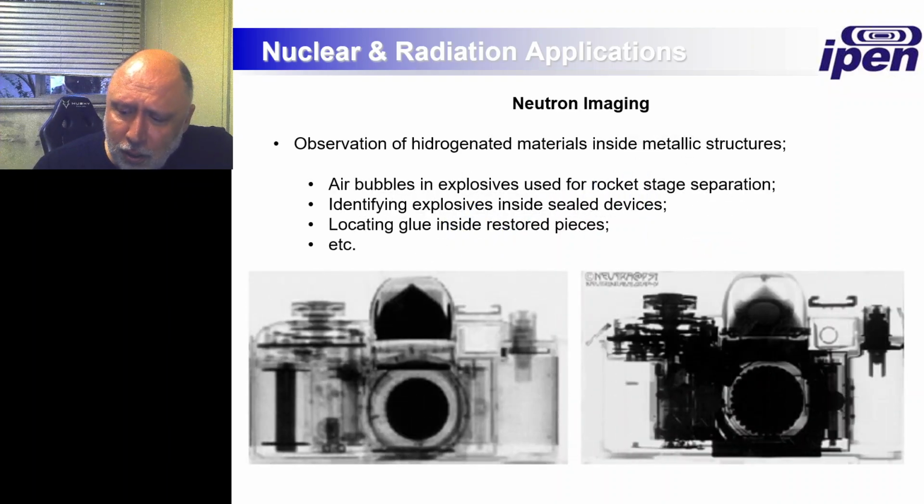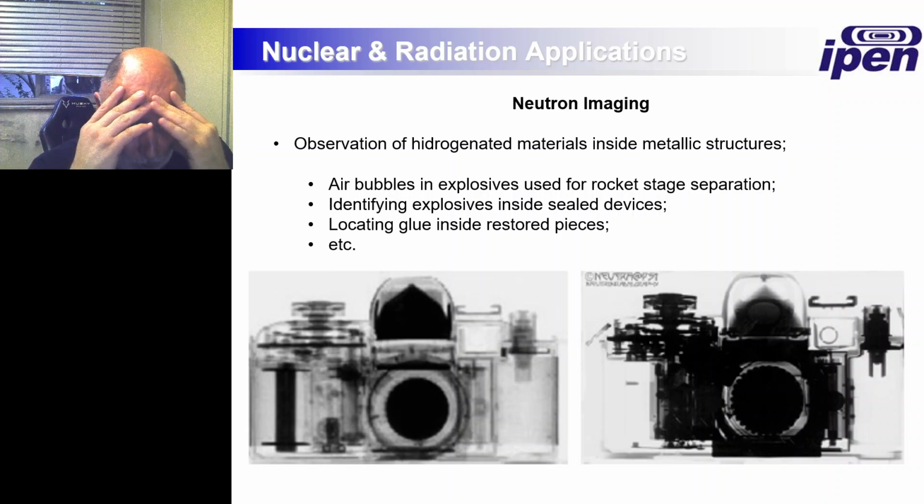And there's another interesting thing. Now, this is not done essentially in an industrial way. It's essentially done in research facilities. But there's something called neutron imaging, which is very, very interesting.